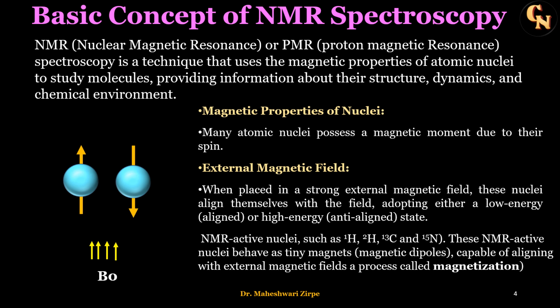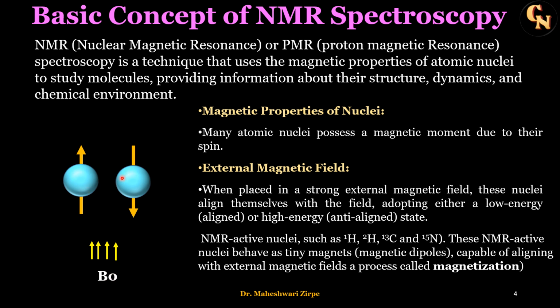If you see these atoms, there is one atom where I have shown the arrow upward, and the other atom with the arrow downward, and both atoms are placed in an external magnetic field. I have shown the external magnetic field in the upward direction, denoted by B0.